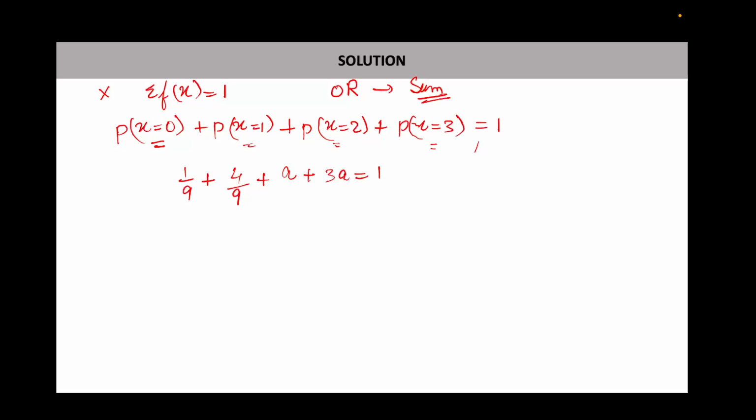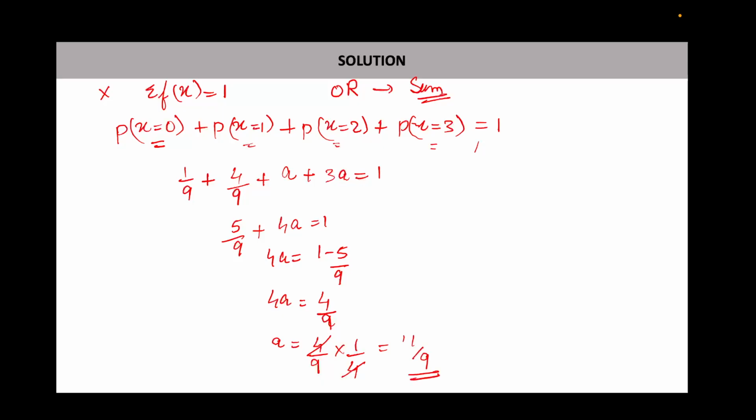If you solve this, it will be 5 by 9 plus 4a equals 1. So 4a equals 1 minus 5 by 9, 4a will be equal to 4 by 9. So your a will be equal to 4 by 9 divided by 4. So your answer is 1 by 9.